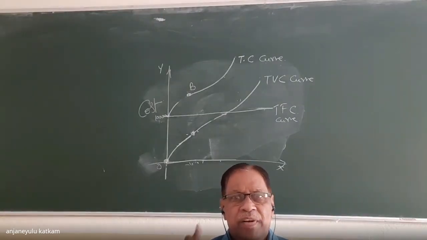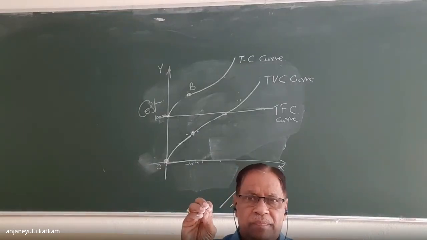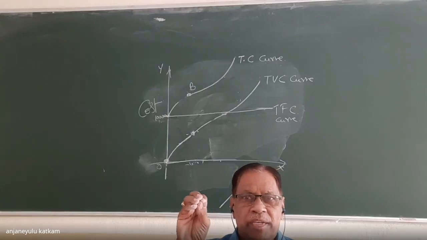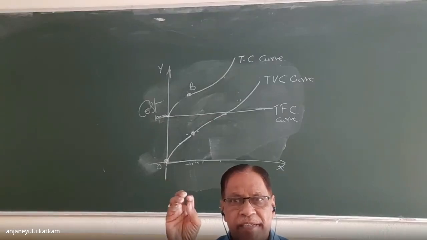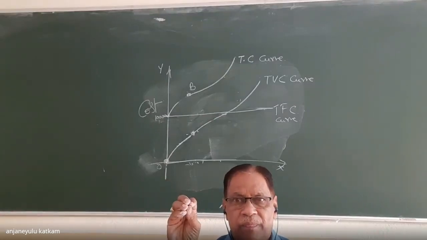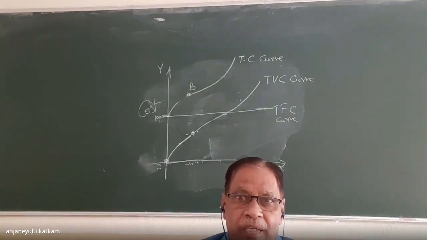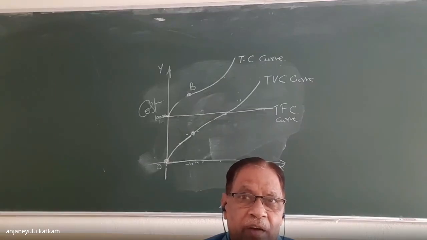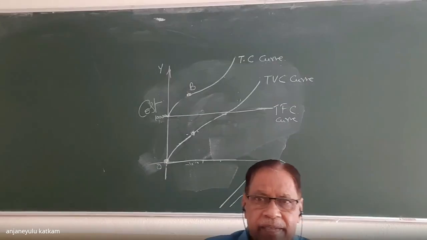If you divide the total fixed cost by the amount of output, you will get average fixed cost. If you divide the total variable cost by the quantity of output, you will get the average variable cost. Like that, we can calculate averages of these three. So we will write down these three costs also.